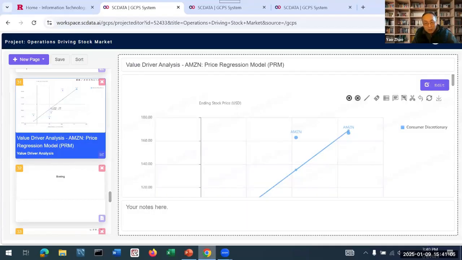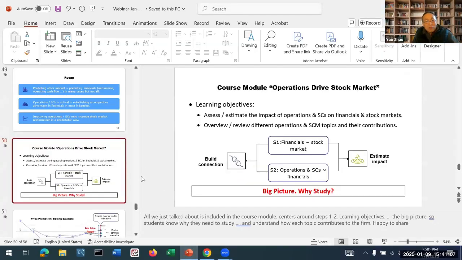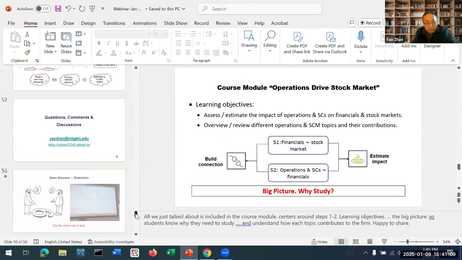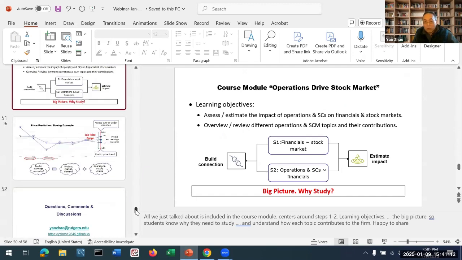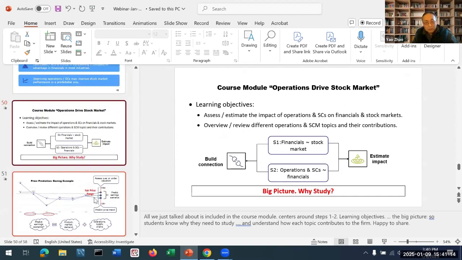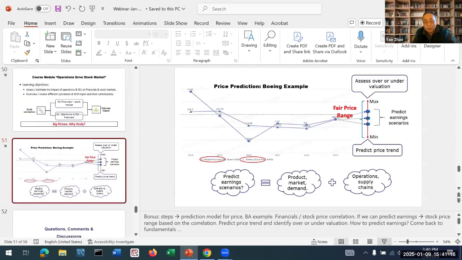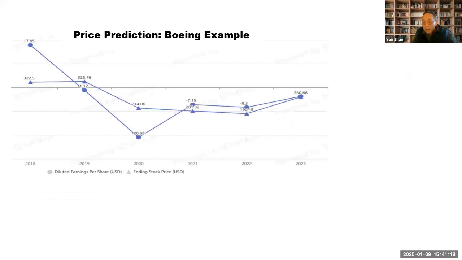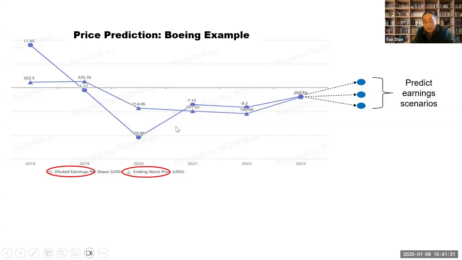But the point is, if you do find a strong correlation for some companies or industries or countries, like Boeing here, you could make price predictions. Let's say for Boeing, you find a strong correlation between their earnings, which is financials, and their stock prices.